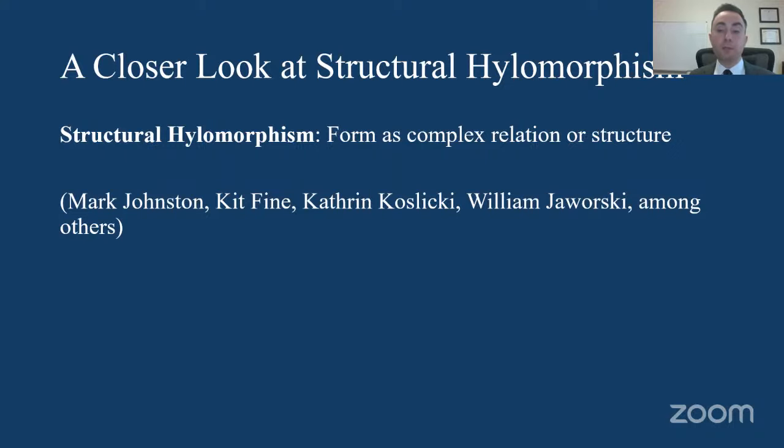Indeed, many contemporary proponents of hylomorphism have argued that this is all there is to form. The form of a material object just is a complex polyadic relation or structure realized in its material parts. This is the approach that I've called, following David Oderberg, structural hylomorphism. And some of its proponents include Mark Johnson, Kit Fine, Catherine Kosslyn, and William Jaworski, among others.